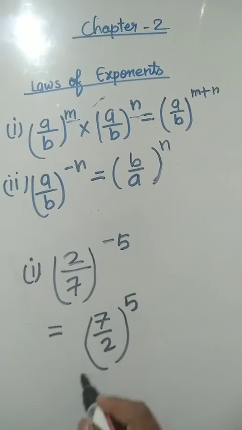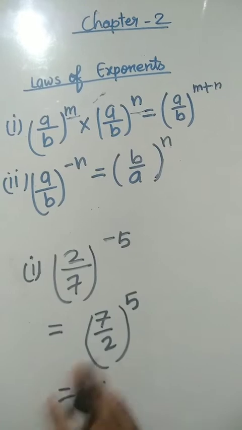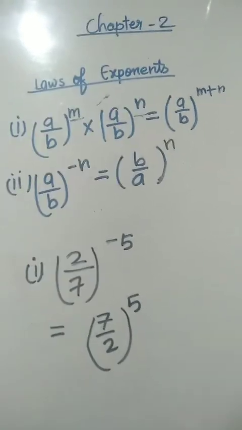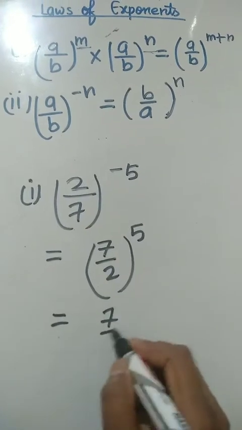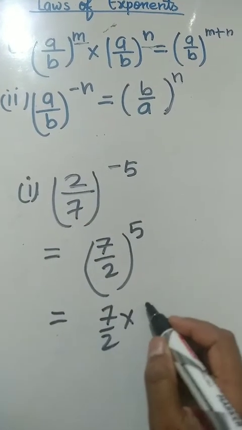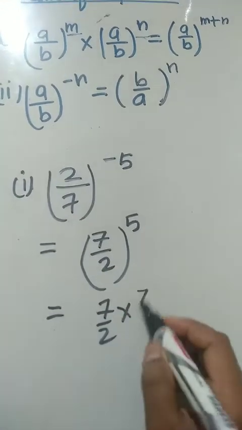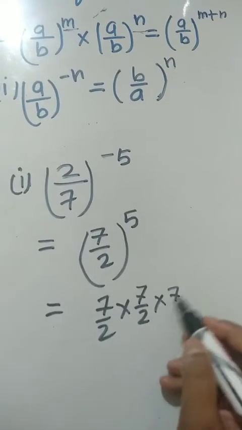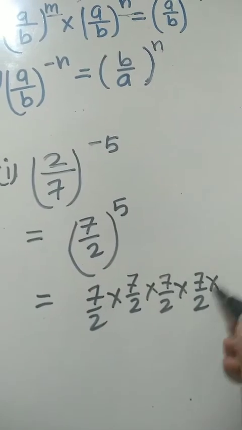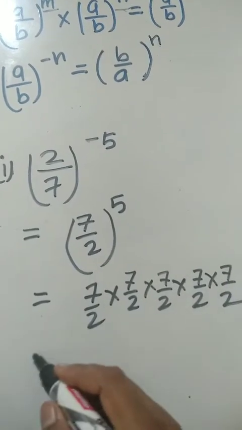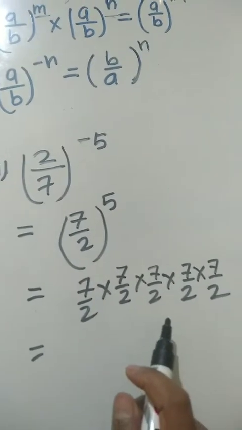After that we have to solve this one, 7/2, how many times? 5 times we have to multiply: 1, 2, 3, 4 and one more time.